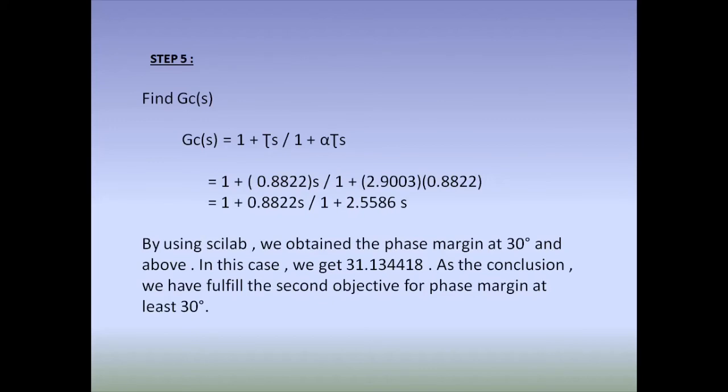The values for tau and alpha we obtained from the previous steps, and we insert them into the formula: 1 plus 0.8822 s over 1 plus 2.9003 multiplied by 0.8822 s, and the value we got is 1 plus 0.8822 s over 1 plus 2.5586 s. By using Scilab, we obtained the phase margin at 30 and above.